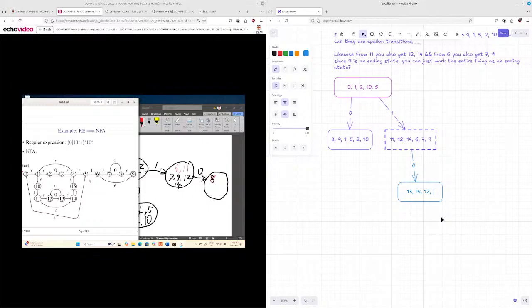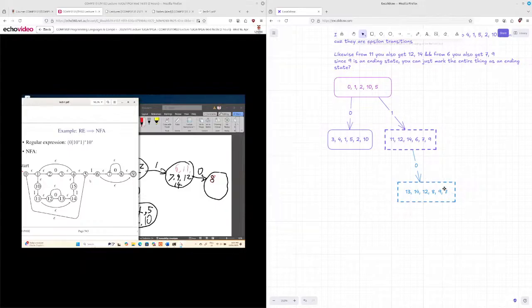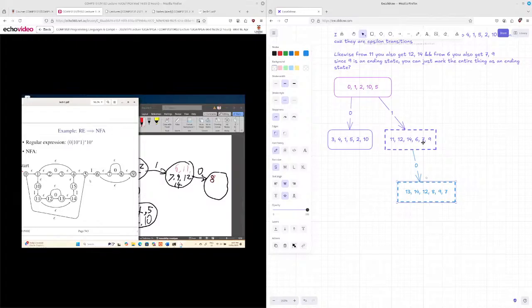We can't go anywhere with 0. From 6, where can we go with 0? We can't go anywhere with 0. From 7, you can go to 8 on 0. And 8 also gets you to 9, and 8 also gets you to 7. And 9 can't do anything on 0.